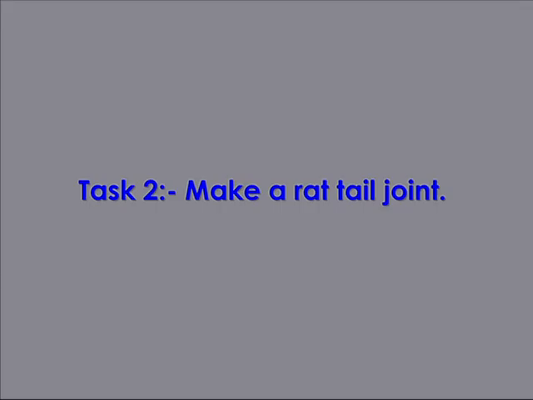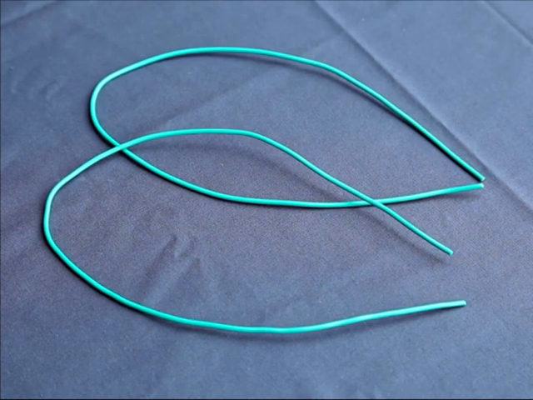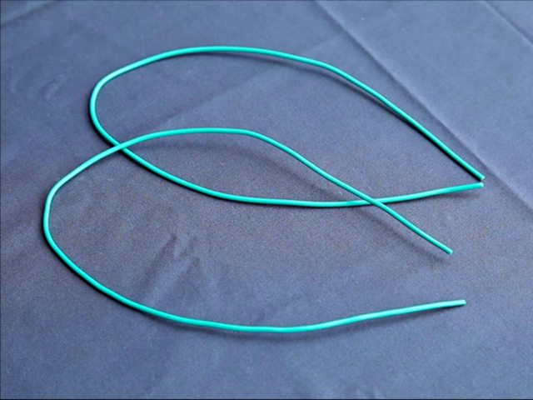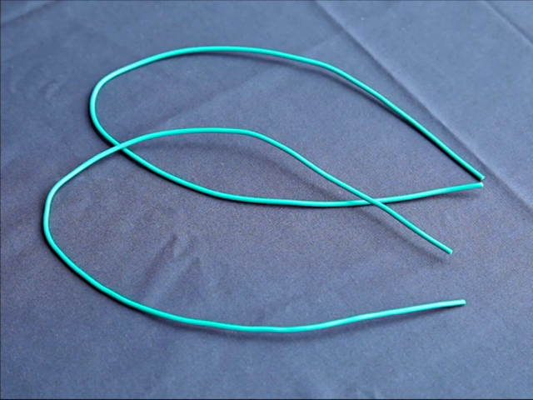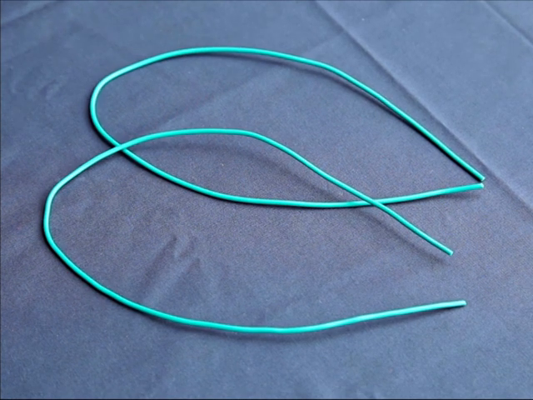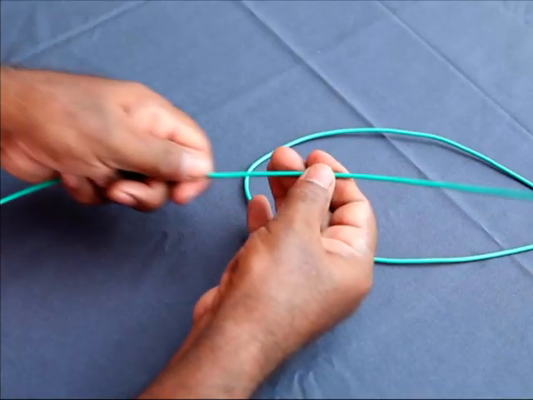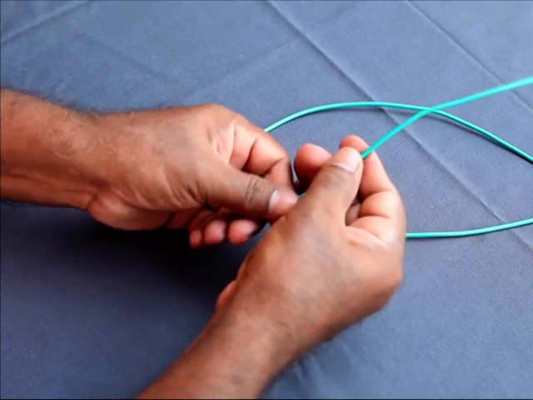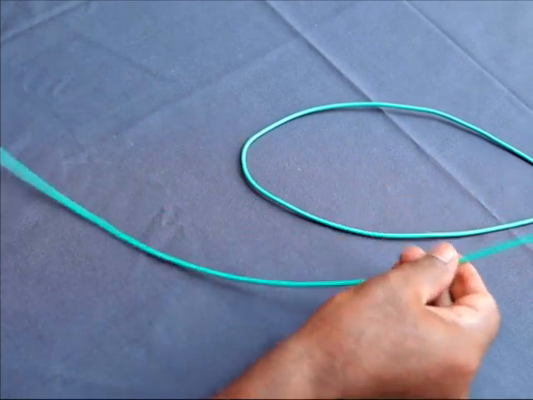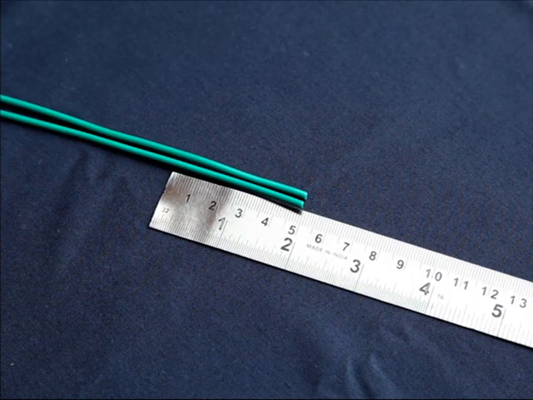Task 2. Make a rat tail joint. 1. Collect 2 pieces of 1 by 1.2 mm PVC copper cable of 0.5 meter length. 2. Straighten the cable. 3.